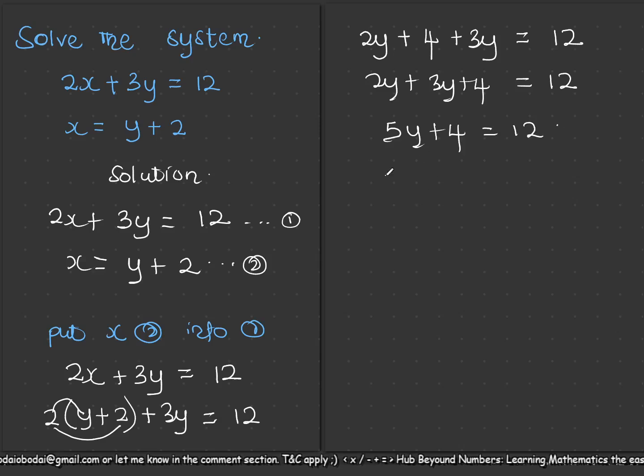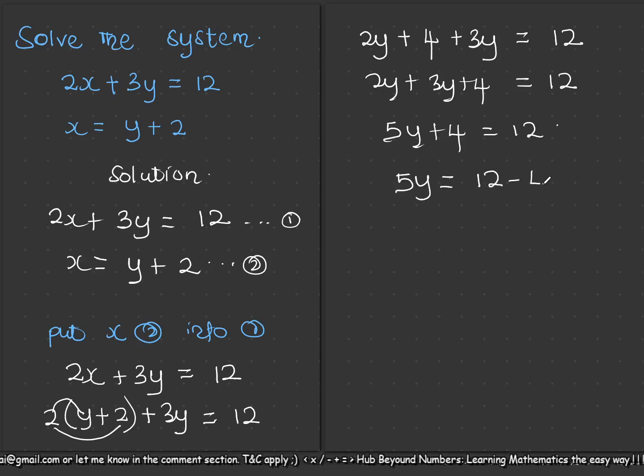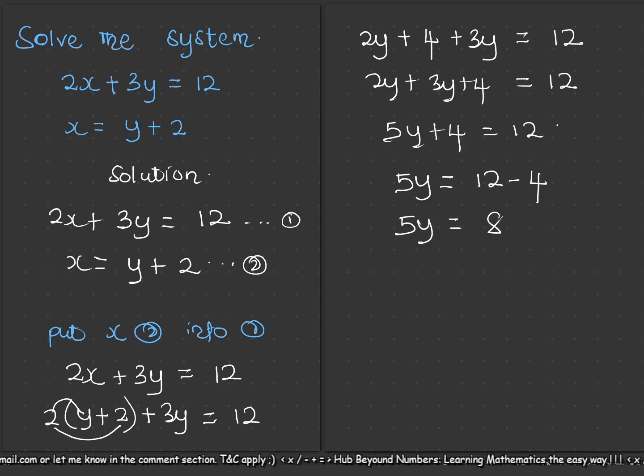We want to make y the subject, so we can move this 4 to the other side, so that at the end of the day, we have 5y equals 12 minus the 4. Simplifying further, we have 12 minus 4, which then becomes an 8.